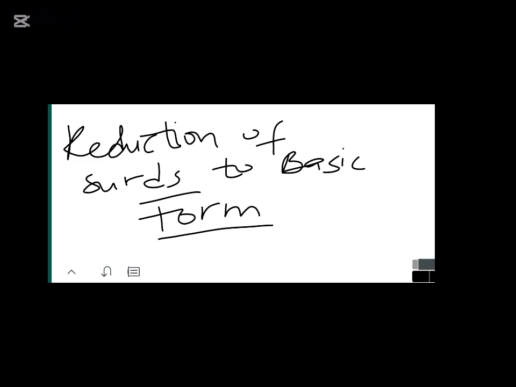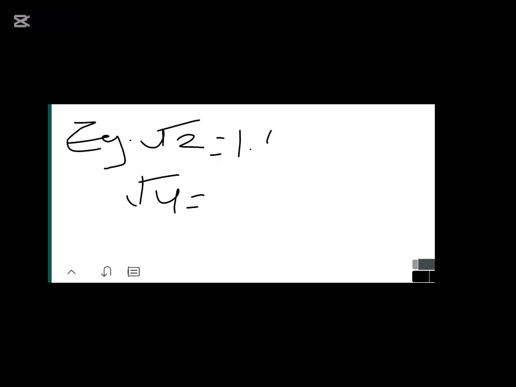For example, the square root of 2 gives us something like 1.414, but the square root of 4 gives us 2. So the reduction of sets lays more emphasis on this one. We are not interested in decimals. We will take more examples and see how best we can go about it.